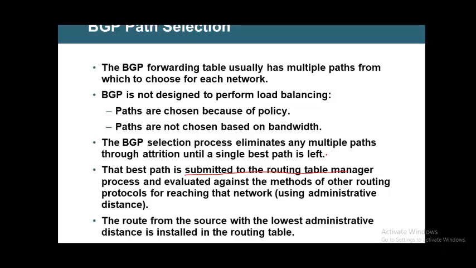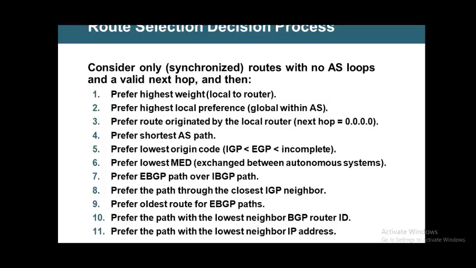Now this is the sequence in which iteration, filtering, and selecting one single path happens. First thing, it considers only synchronized routes. What is a synchronized route? Valid and best, meaning it should have a reachable next hop.